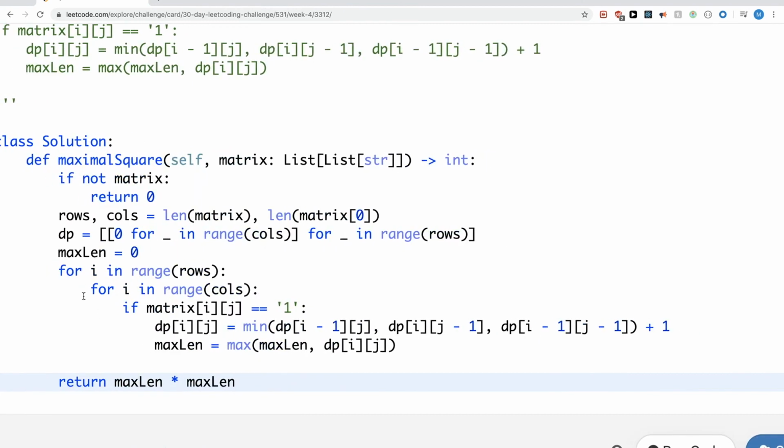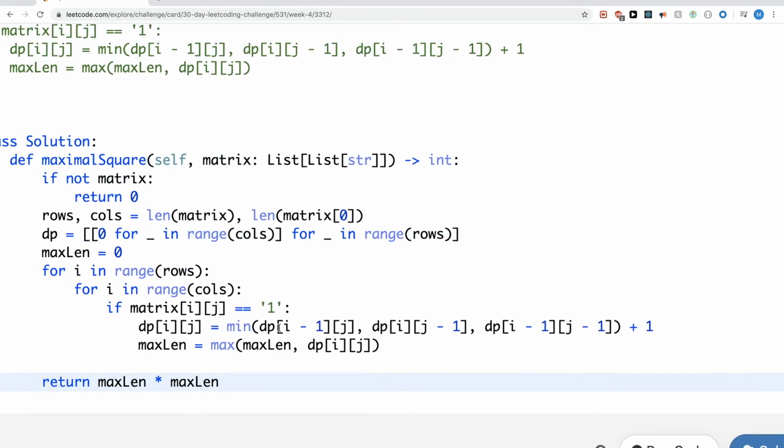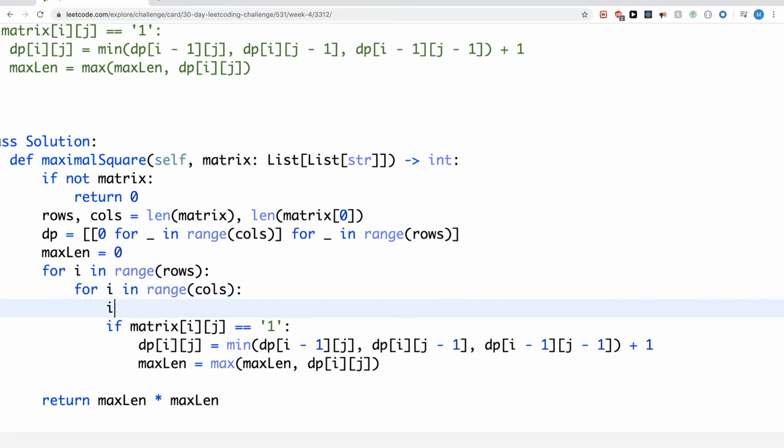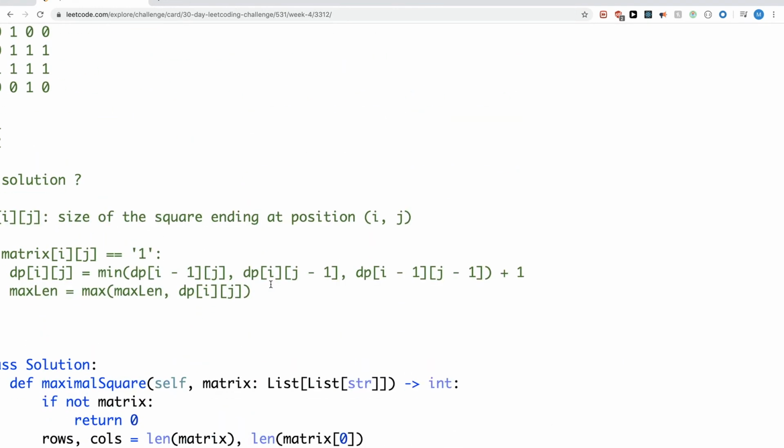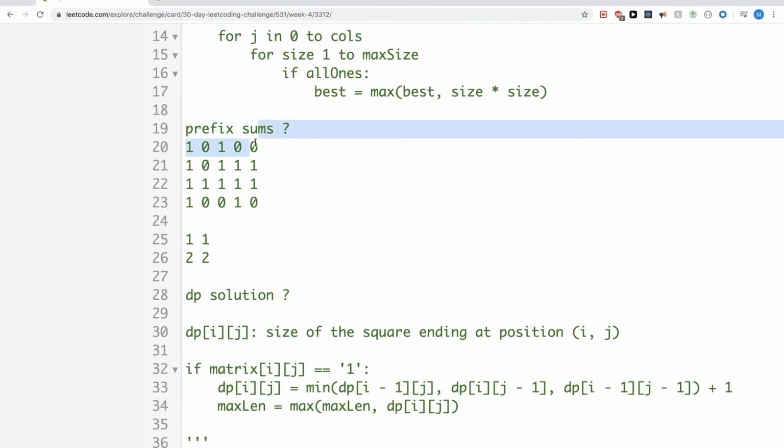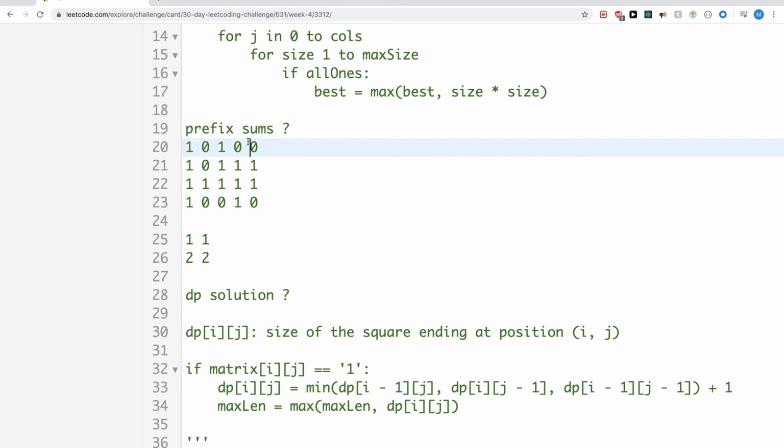There is just one caveat here: i minus 1 for 0 would give us minus 1, which is the last element of the array, which is not what we want. So we need to check for equal to 0. For these values on the boundaries, if it's 0, then the size of the square ending there is 0. If it's 1, then the size of that square ending there is 1, right?